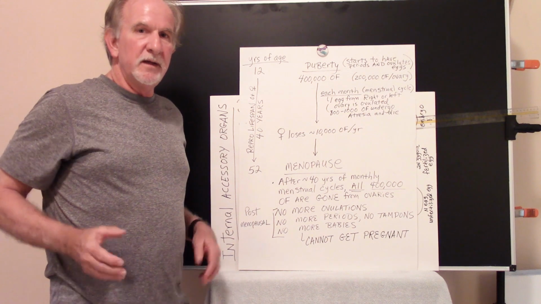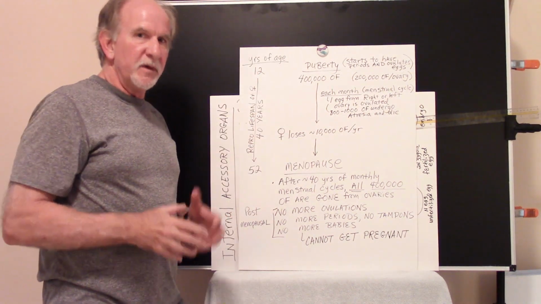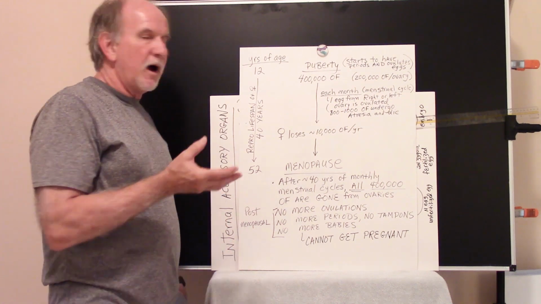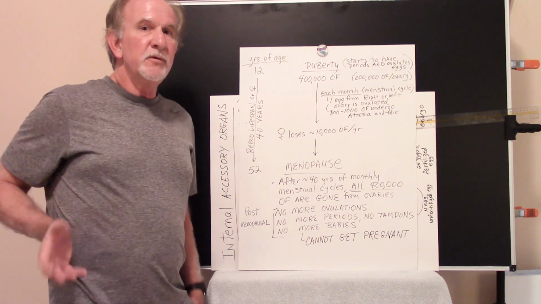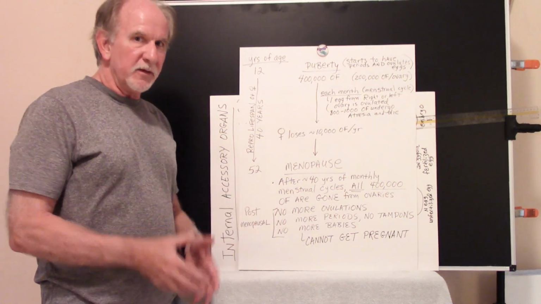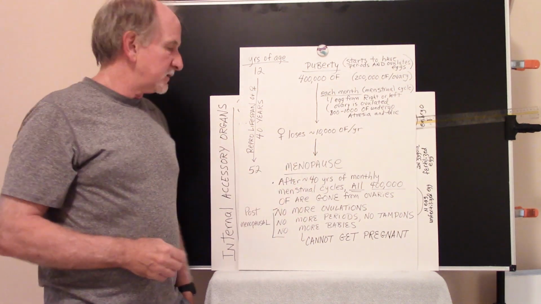And at that point in a woman's life, after 40 years of menstrual cycling, she would ovulate about 400 to 500 times, but lose all of her ovarian follicles. And at that point, she's reached what's known as menopause.